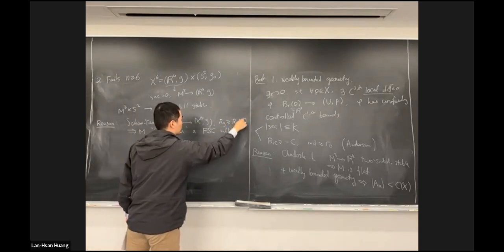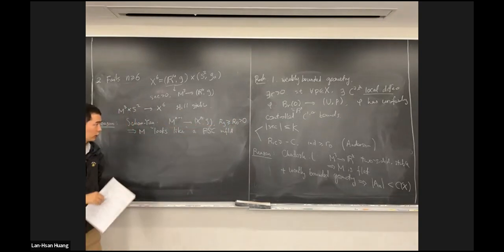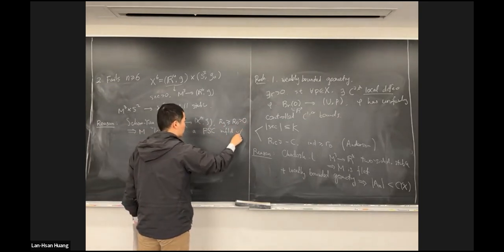Let me elaborate a little bit. If the ambient metric has a scalar curvature positive lower bound, then M should look like a PSC manifold with the same lower bound.